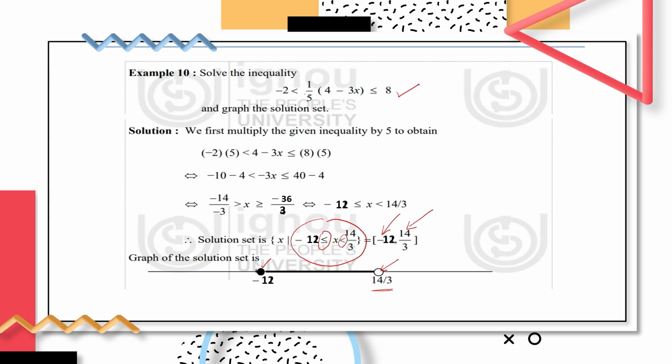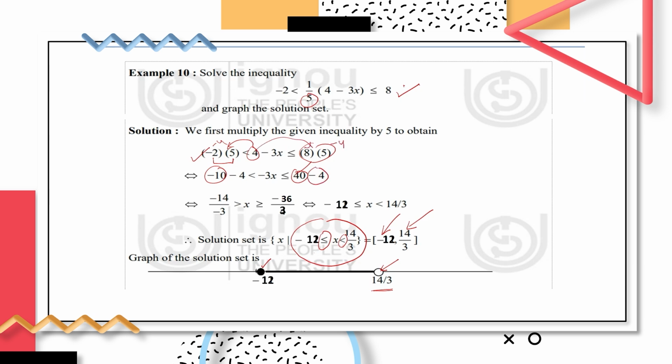We multiplied both sides of this inequality by the value 5, because 5 is in the denominator. So, the result turns out to be minus 2 into 5 less than 4 minus 3x, less than 8 into 5. Solving, we get 5 into minus 2 is minus 10 and 8 into 5 is 40. Again, rearranging, taking 4 to the left hand side, it will be minus 4, taking 4 to the right hand side, it will be minus 4.